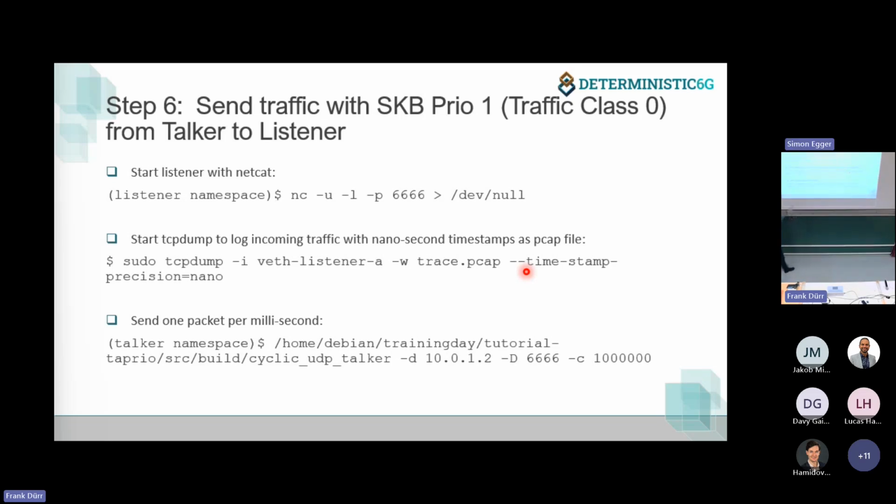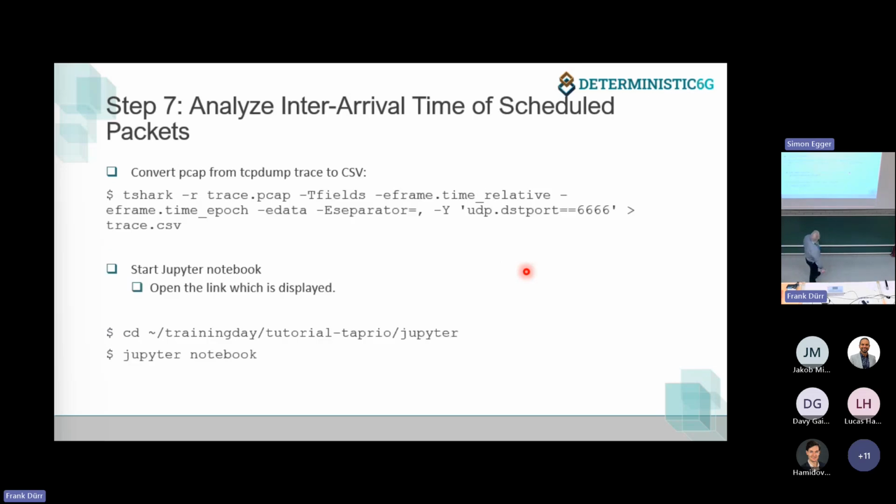This one is sending traffic and also timestamping it, I think. But we don't need the timestamps here. We just look at what happens at the receiver side. And then theoretically, I would have shown you now with some Jupyter Notebook and some more tooling what the trace would look like.